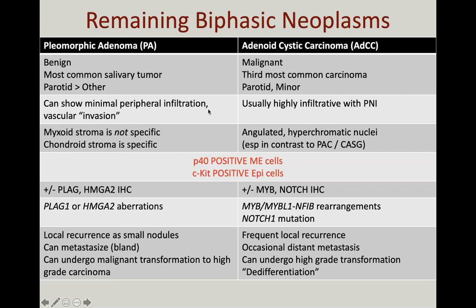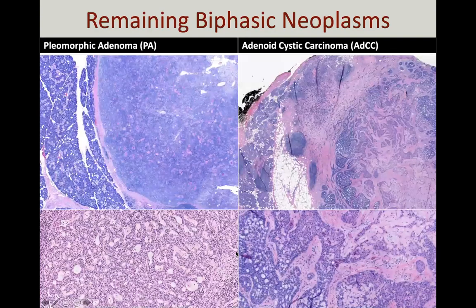And sometimes this differential can be very challenging, especially on a small biopsy, because of the morphologic and immunophenotypic overlap. So you can see on the left a pleomorphic adenoma that on a small fragment might have very worrisome cribriform architecture seen on the bottom left, which very much resembles the cribriform architecture of an adenoid cystic.